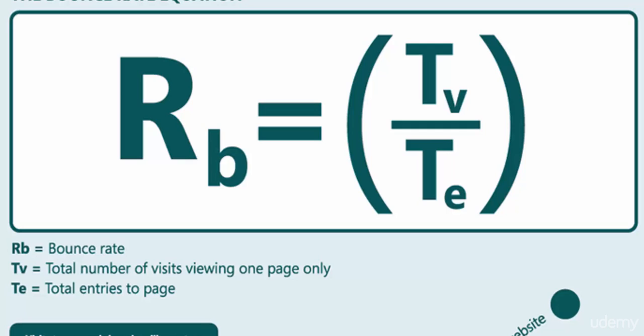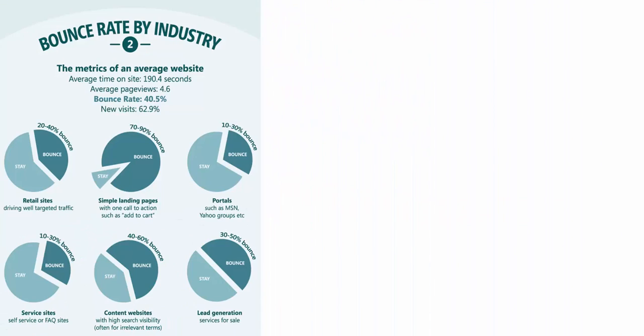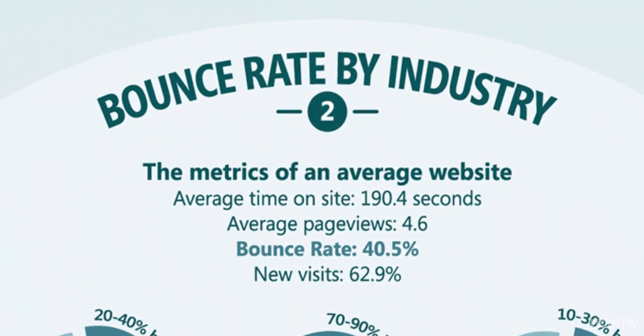But bounce rate varies from industry to industry. That is, it's not the same across all categories of websites. According to this infographic, the average time on site is 190 seconds. I think you remember what is a time on site because we just saw in the last lecture. And the average page views is 4.6.